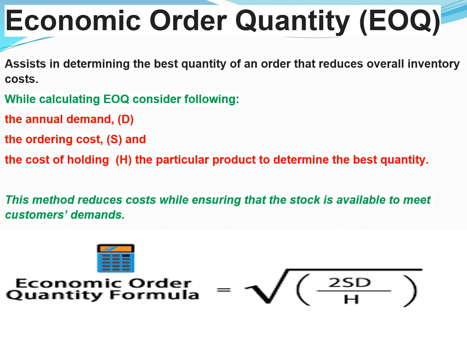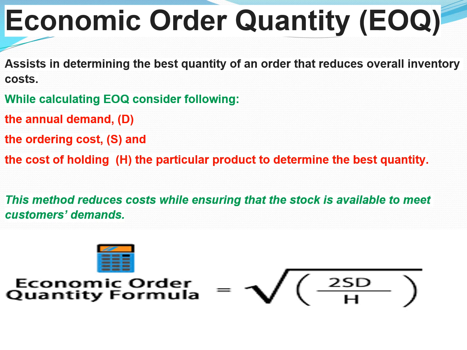Economic order quantity is a very basic inventory management technique, used since a long time, which assists in determining the best quantity of an order that overall reduces the inventory cost.